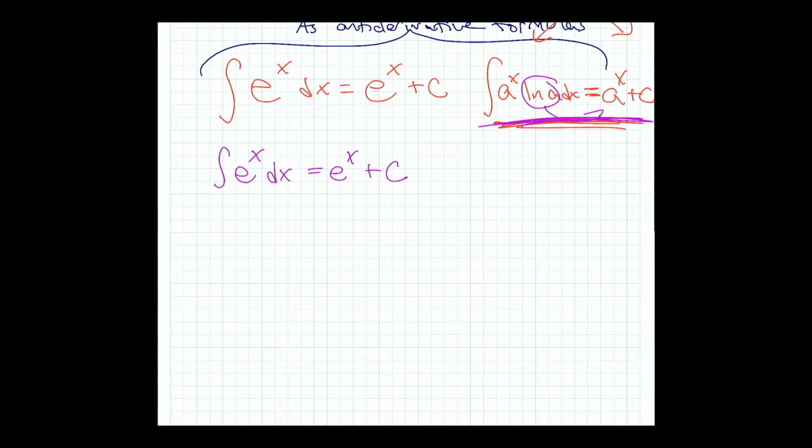The way you make it go on the other side is you just divide both sides by ln a. So when you do that, you're going to get this formula. I'm not going to show it, because you don't really need to derive it the way that I am right now. You just need to know it.